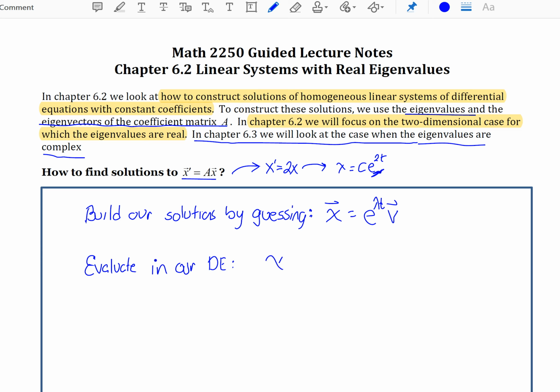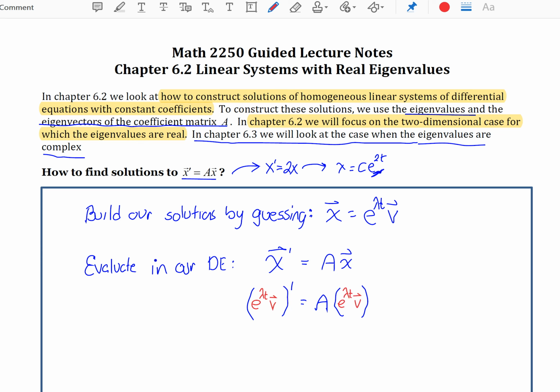So we're going to look at the vector x prime equals Ax, and let's evaluate our proposed solution. So here we'll stick in e to the lambda t times some vector.